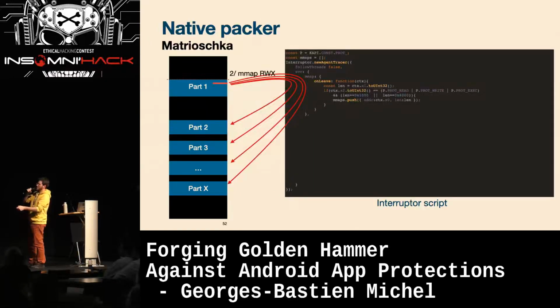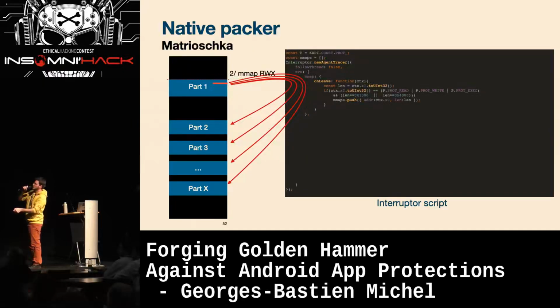So in the code, it's like this. With the interrupter, we trace the main thread. And we hook the instruction, so we hook the SVC call before jumping to the next instruction, and we show the resulting addresses. Okay.